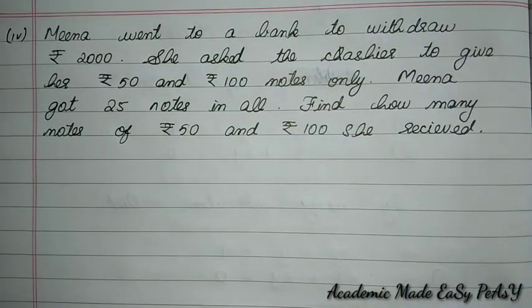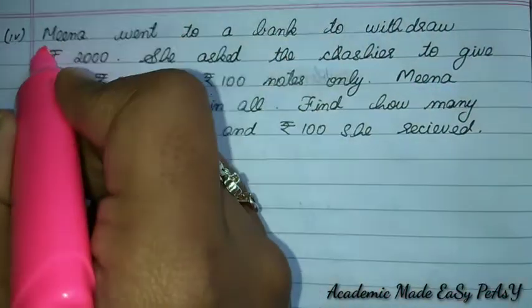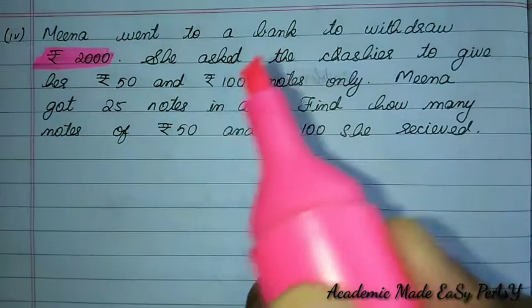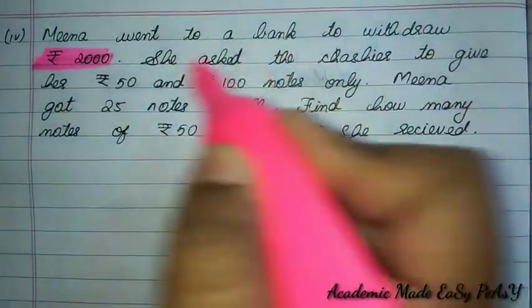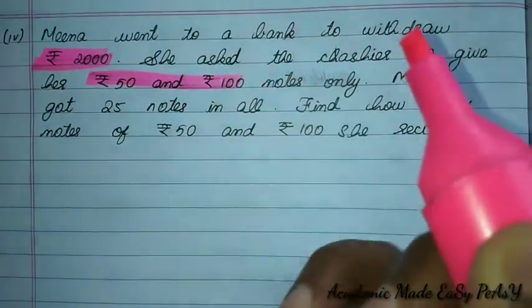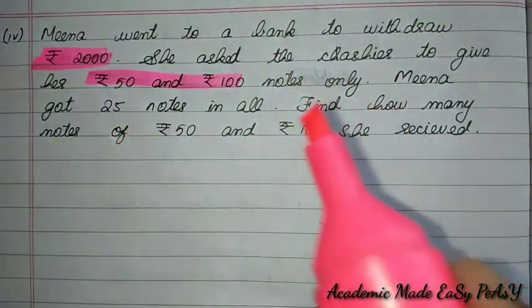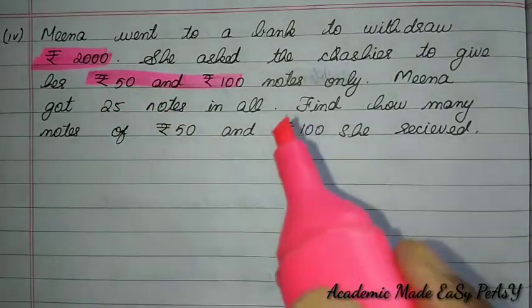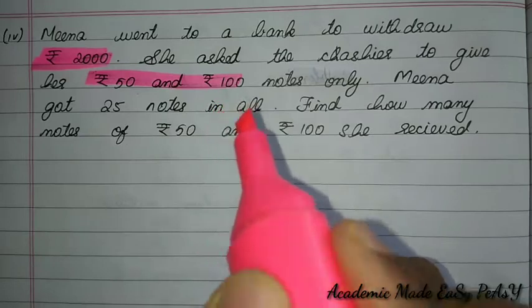So here what is given is that Meena went to a bank to withdraw rupees 2000. So the total amount is 2000, and she asked only for 50 rupees and 100 rupees notes. We don't know how many 50 rupees and how many 100 rupees notes she got, so we have to find that.